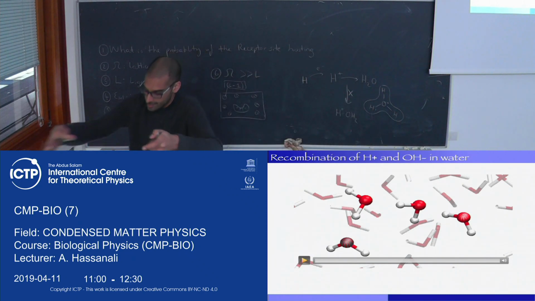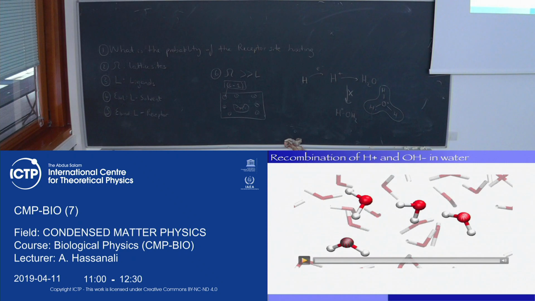So essentially, the wave function of the proton is delocalized over several atoms. And so you have a species that looks like this. And that's what you saw here.